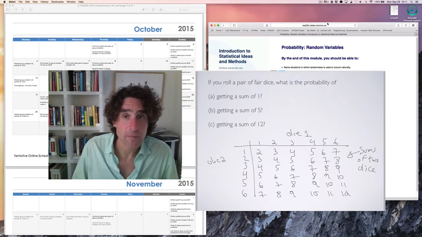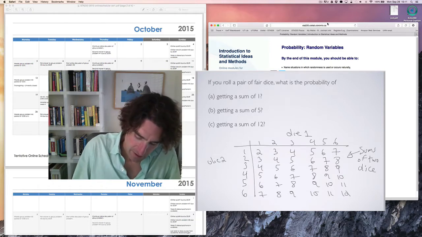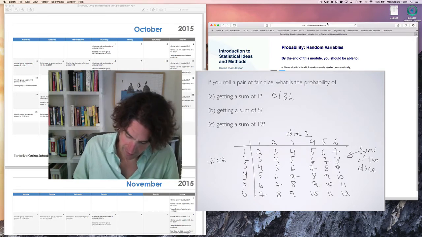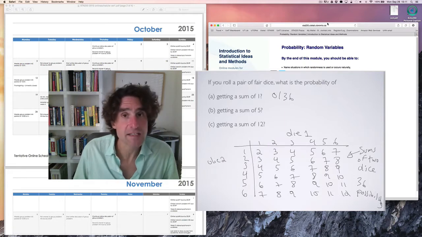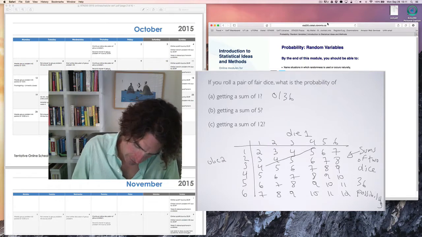Okay? And so the probability of getting a sum of 1 is 0 out of 36 because there is no 1 and there's 36 possibilities. There's 36 numbers here, 36 possibilities. Getting a sum of 5, well, let's see, all the 5s are here.